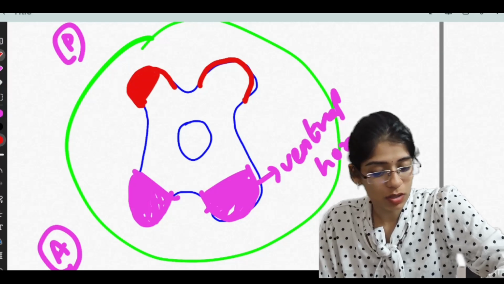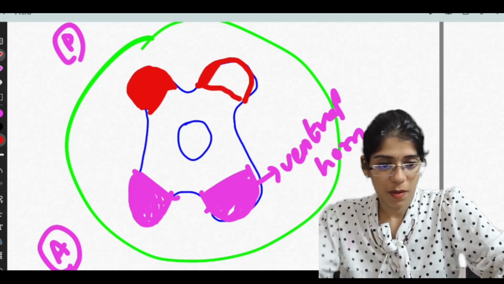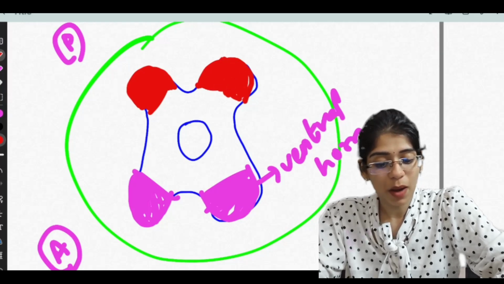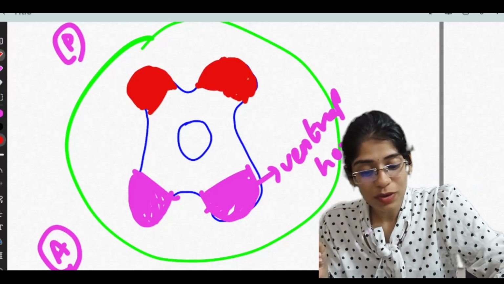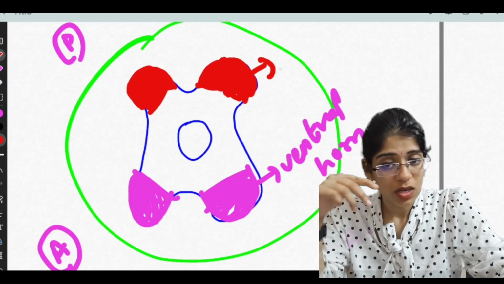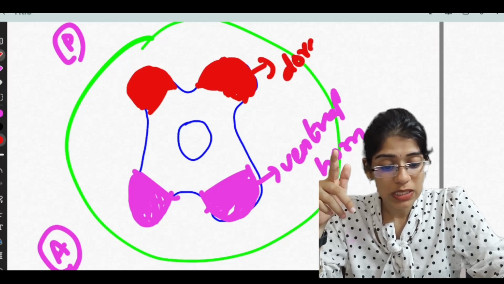I'm talking about the grey matter, the butterfly-shaped part of the spinal cord. The posterior part again has two projections which I've drawn in red. These two projections are called dorsal horns, because posterior in medical terms we call dorsal.